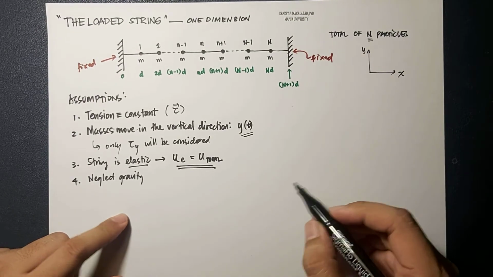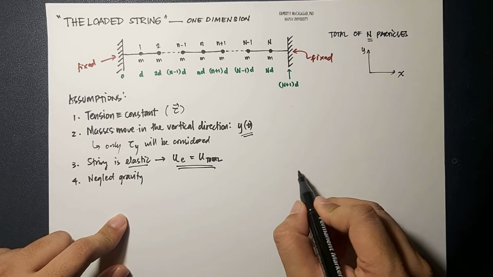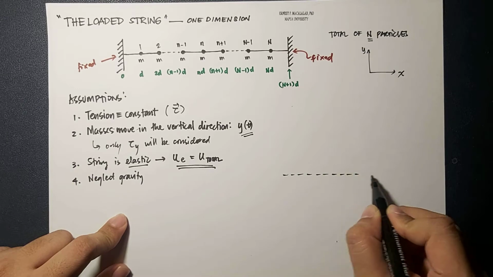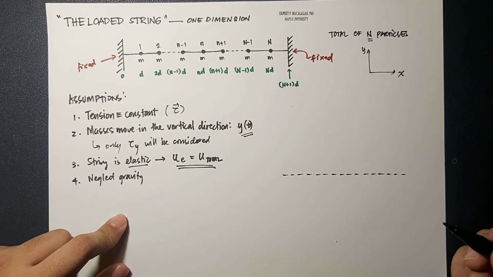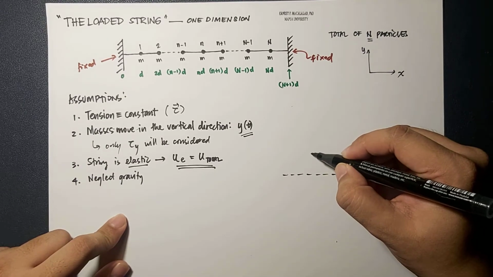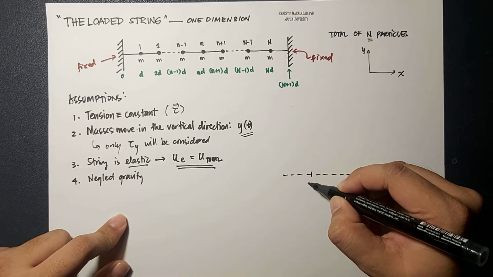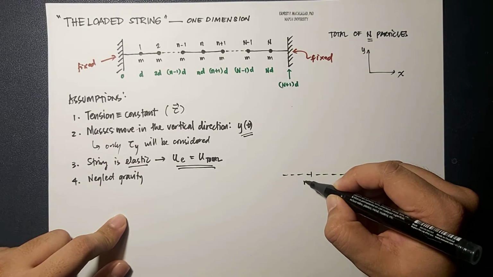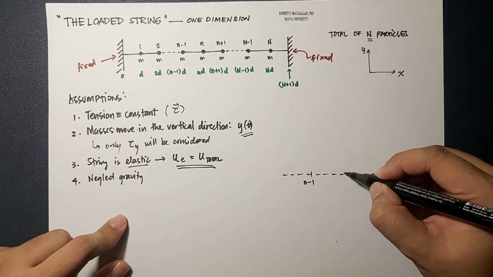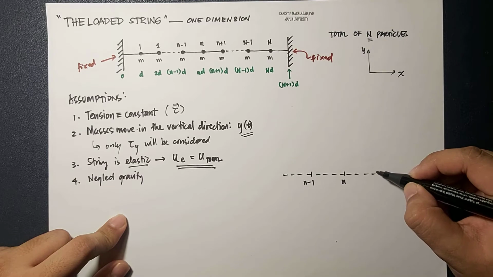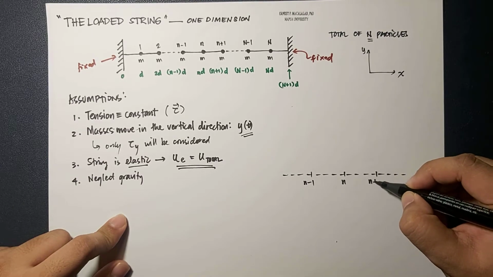So for example, this is the equilibrium position. Let's say this particle is here. So this is, say, particle n minus 1, and this is where particle n is, and this is the adjacent particle n plus 1.